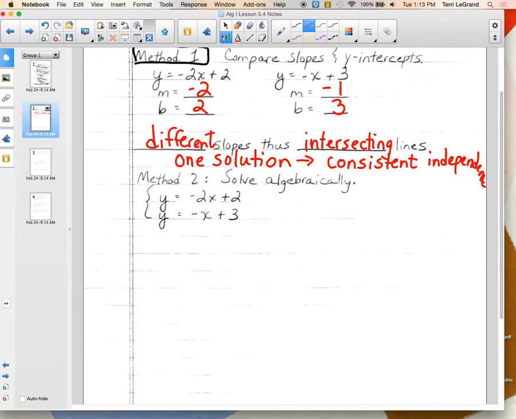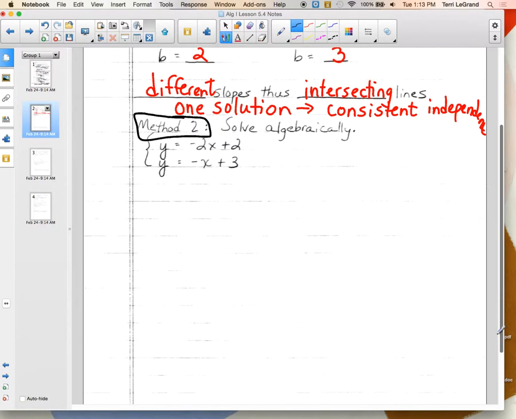Okay, that's using that method. So do you understand everything you would need to show? Well, if you choose to use method 2, it's solving it algebraically. We know 2 ways to solve algebraically now, substitution and elimination. So which of those 2 methods would be most efficient, or one we could use in this one? William?